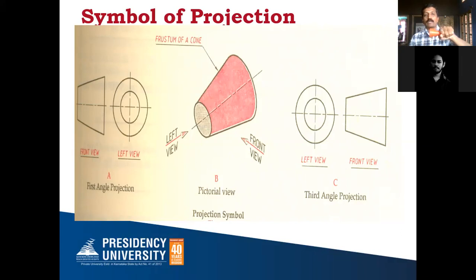And coming to the left view, it has to come to this side. In first angle projection, the left view is going to be obtained on the right profile plane, and the right view on the left profile plane. That means in the left view you are going to get two circles. One is the base diameter of the cone, the other is the top face diameter of the cone. Then it is called the first angle projection system.